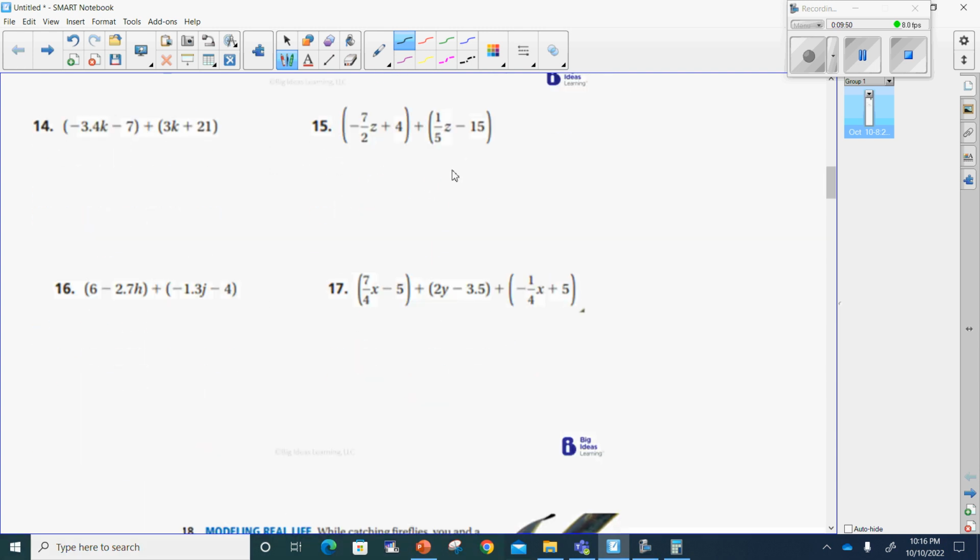Let's go to number 15. I'm going to take my z's and put them together, and I'm going to take my numbers and put them together. I can rewrite this because this is adding to show negative 7 over 2 z, plus 1 over 5 z, and then I'm going to add that to 4 minus 15.